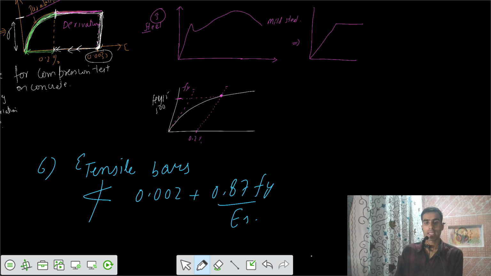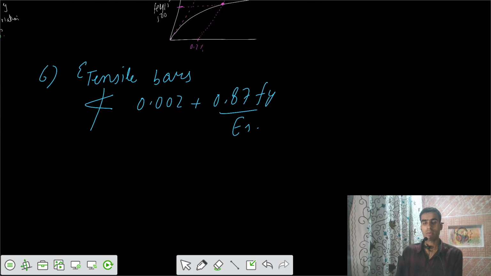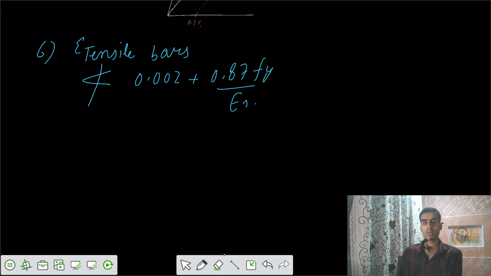Now, why this 0.87? Actually, this is the assumption. If you substitute the values, I'll explain how this has happened.